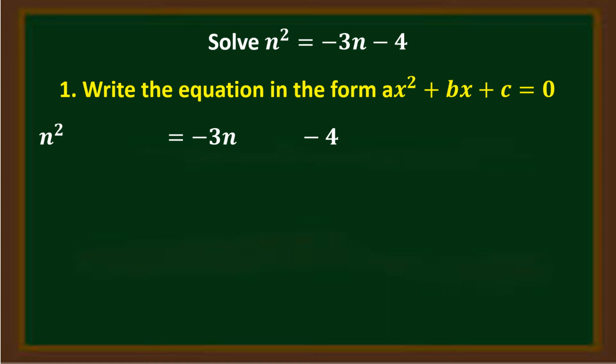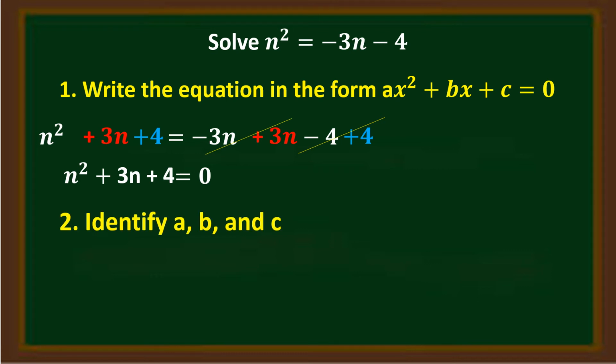The additive inverse of negative 3n is positive 3n, and the additive inverse of negative 4 is positive 4. Negative 3n plus 3n is 0, and negative 4 plus 4 is also equal to 0. So on our right side, we have 0. On the left side, we have n squared plus 3n plus 4.